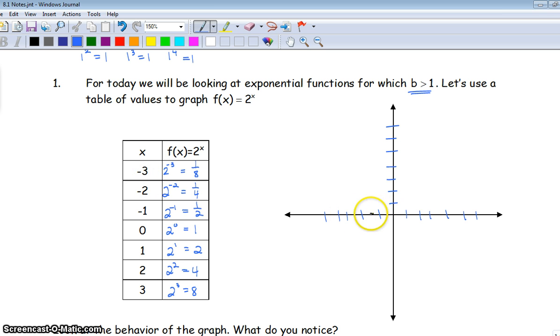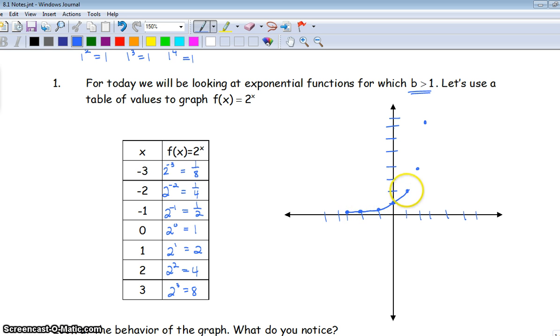So I go left 3. 1/8 is really close to 0. Negative 2, we're going up just a little more to 1/4. Negative 1, 1/2. 0, 1. 1, 2. 2, 4. And 3, 8.